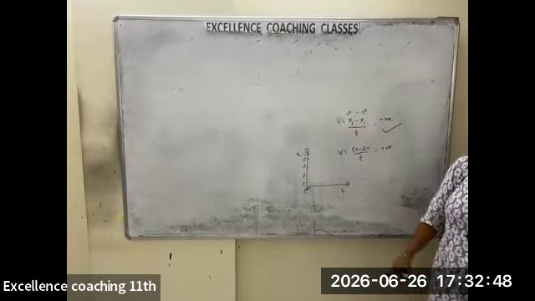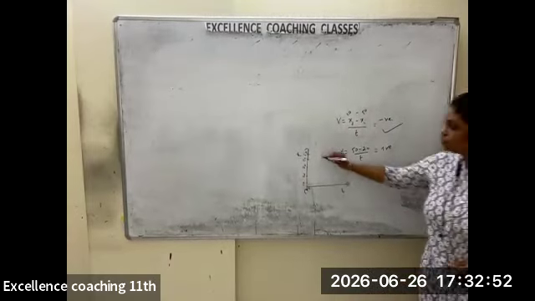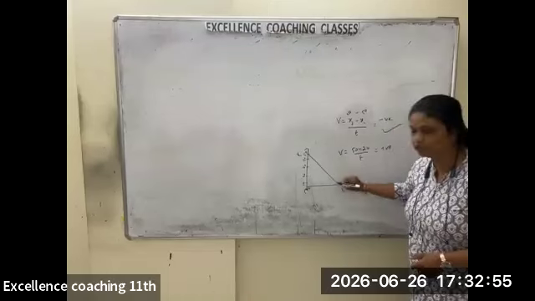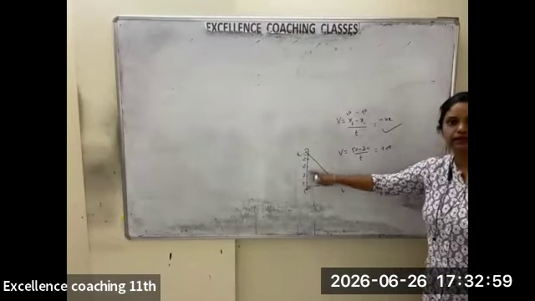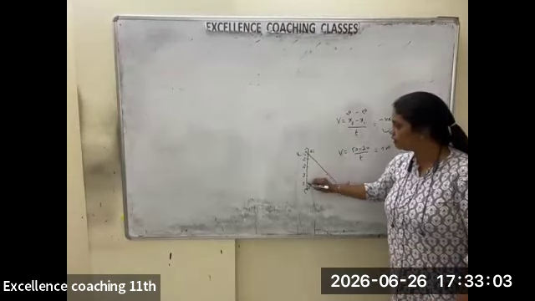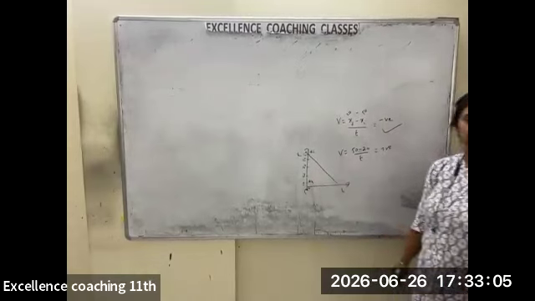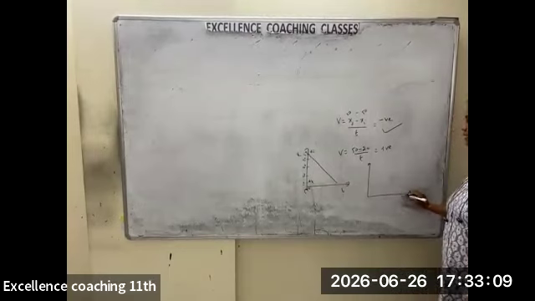Initial should be greater than final. That means starting from initial, you have to come down. So start from initial and come down. Initial to final. Say 10, 50 minus 20, whatever it is. This is your initial. Whatever is here will be final. Is that clear?